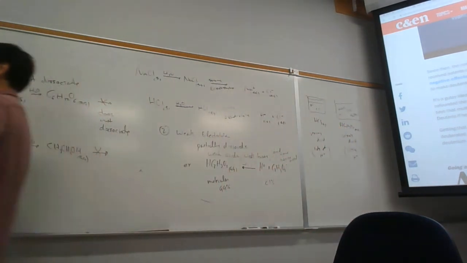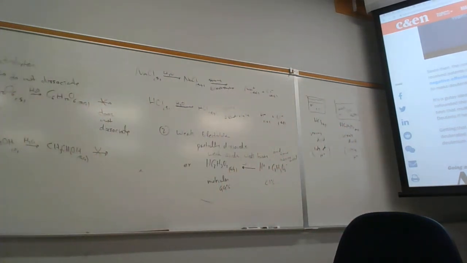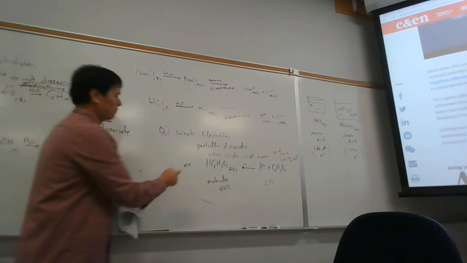Lead's pretty low. Thallium, mercury, gold even. And non-electrolytes would be everything else. If it's not strong and it's not weak, then we're just going to assume it's non. So this is how we determine.